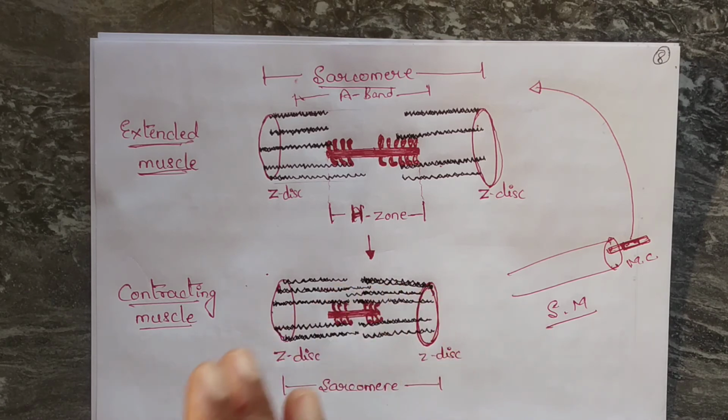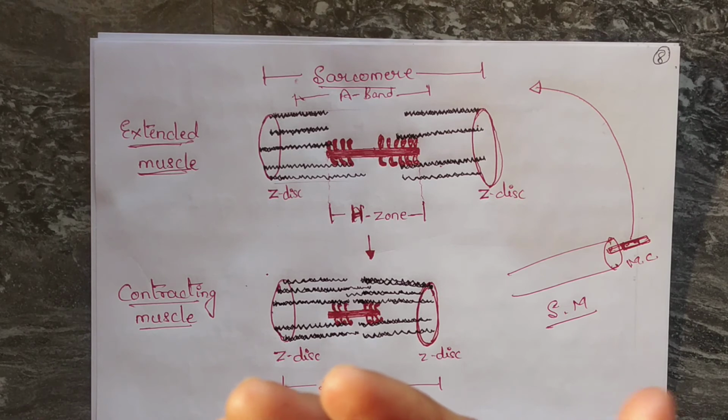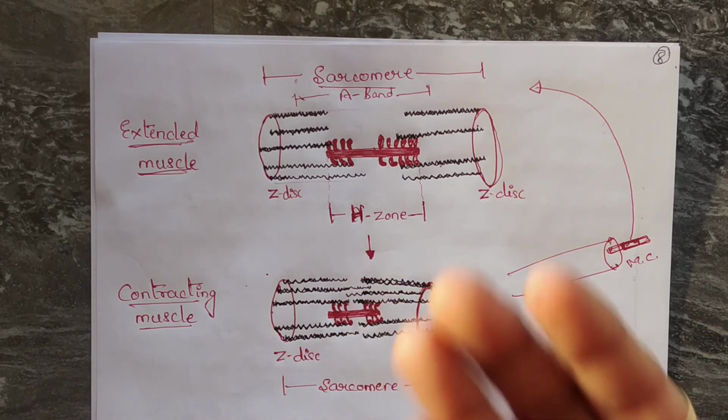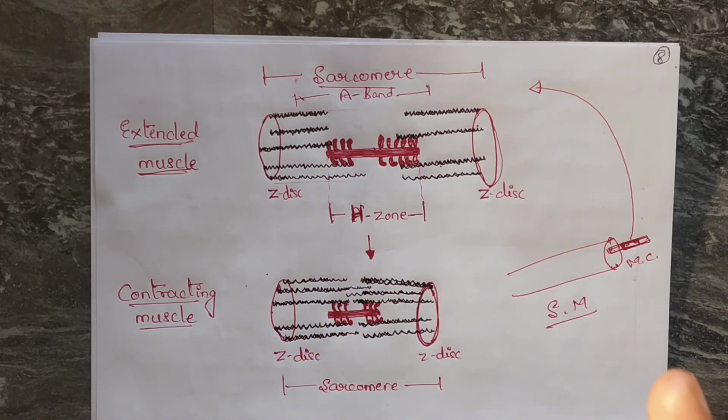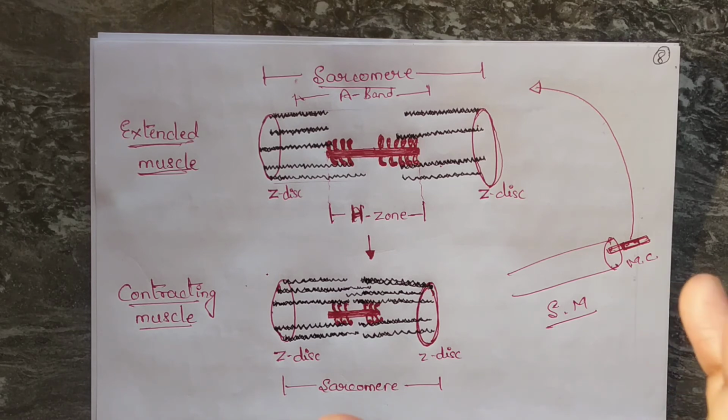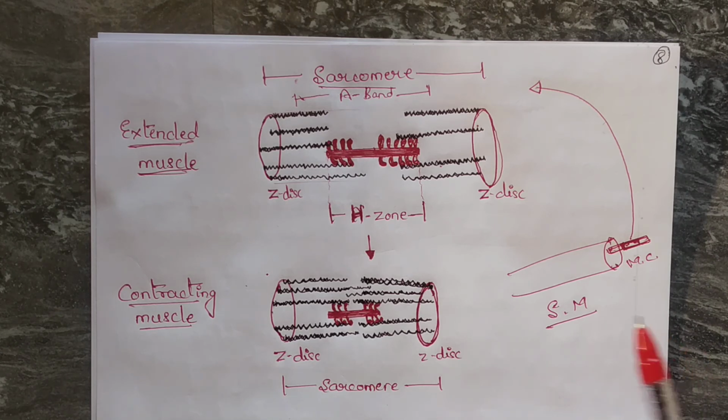I am not saying there is a cut in the muscle or something. No, there are only structural changes occurring in the muscle fiber during contraction. According to this model, during contraction the sarcomere merely undergoes shortening or contraction. There are no other changes.